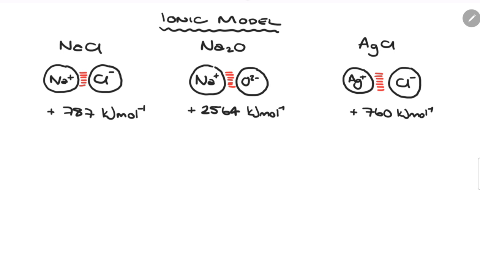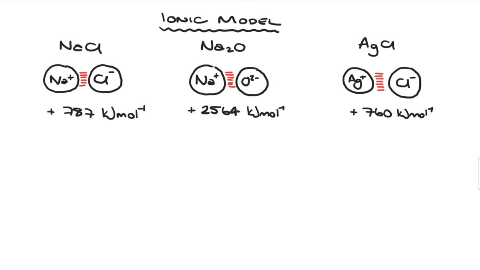So this is assuming that everything is behaving perfectly ionically, and if we were to calculate the values from a Born-Haber cycle, we would get all of these theoretical values. However, what we see sometimes is that if we were to look at experimental values versus theoretical values, we would start to see some discrepancies, sometimes large, sometimes small.